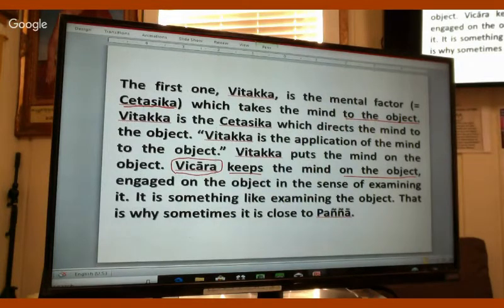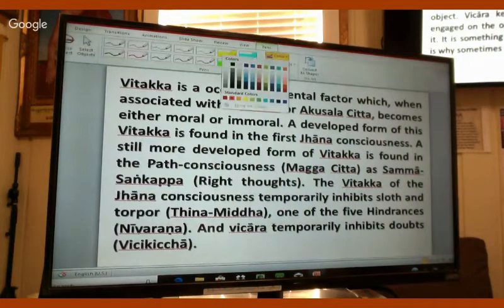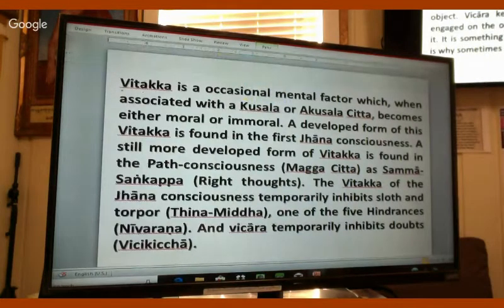So these are the jhana factors. I want to explain a little bit the nature of Vitaka, compared with sense sphere consciousness and form sphere consciousness. Vitaka is an occasional manifesta. We call it occasional manifesta, meaning that Vitaka can walk with both sides, the evil side and the wholesome side.